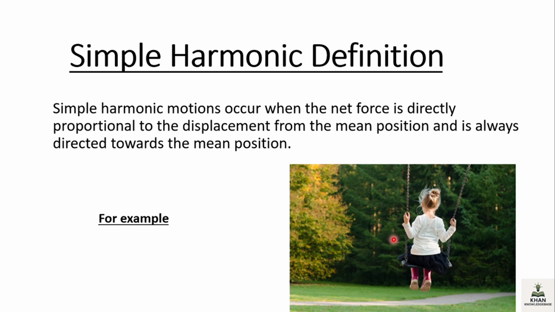When you pull it back and release it, the swing moves forward and backward rapidly. This kind of motion is called vibratory motion, and when the motion happens in such a way that the restoring force is always directed towards the center and proportional to how far the swing moves, then it becomes simple harmonic motion. There are three conditions for simple harmonic motion.